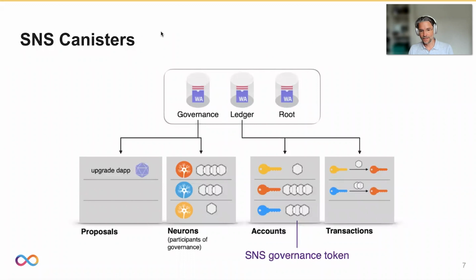Each SNS comes with its own token and a ledger to support this token. The SNS ledger, like any other ledger, has two core functions. One is to support the ownership of tokens in accounts, and the other is to support the transferring of token ownerships, including the act of staking and creating neurons.